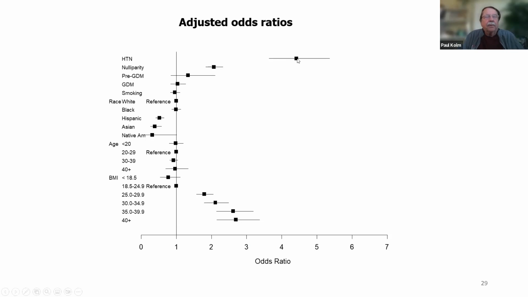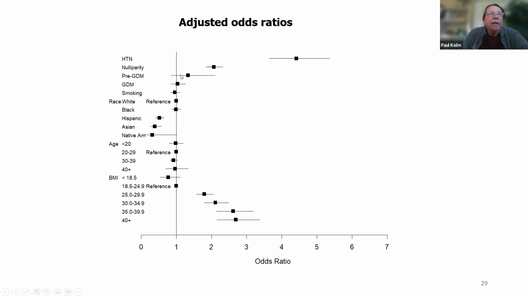I actually sort of argued with him about including that because it would seem highly related to pregnancy-induced hypertension, but be that as it may, we can see there's a strong relationship here with parity, in that nulliparity has about twice the odds of pregnancy-induced hypertension compared to multiparity.